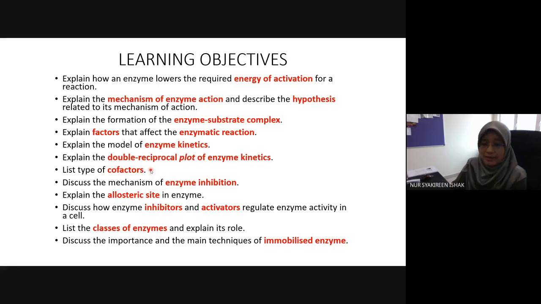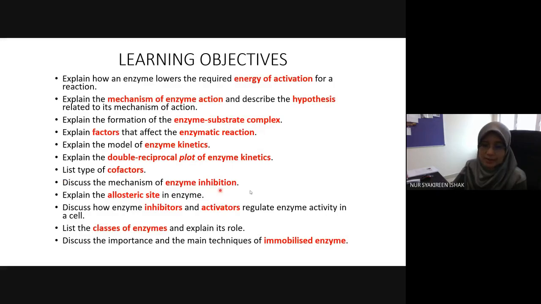They can activate the enzyme, for example, or even be involved in the chemical reactions. There are several types of cofactors, such as metal ions. For example, calcium ions or zinc ions act as cofactors for certain enzymes.